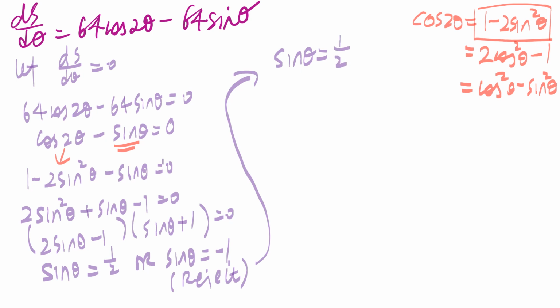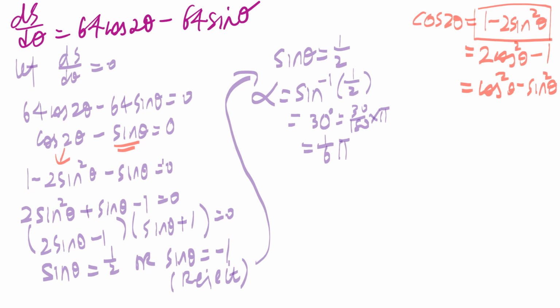As usual, you have to find your reference angle, which is the acute angle between 0 and 90 degrees, or between 0 and pi over 2. So positive value, sine inverse half is 30 degrees. That gives you 30 over 180 times pi, which is 1 over 6 pi.